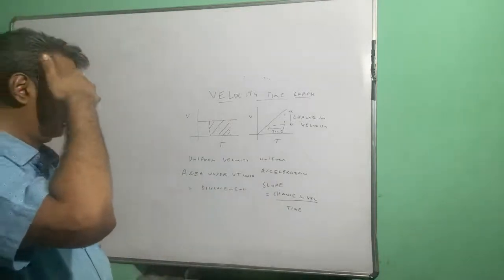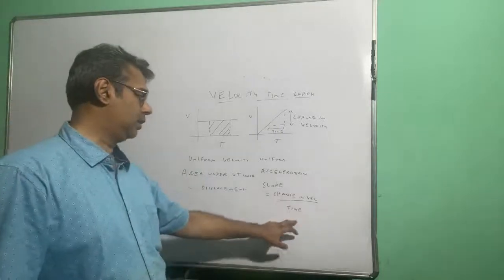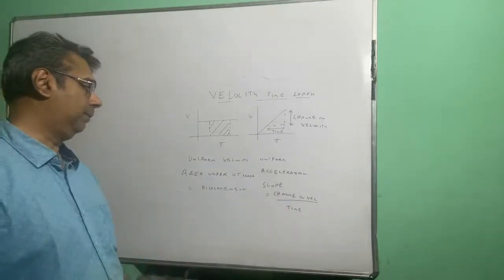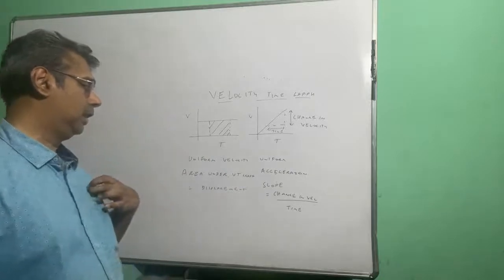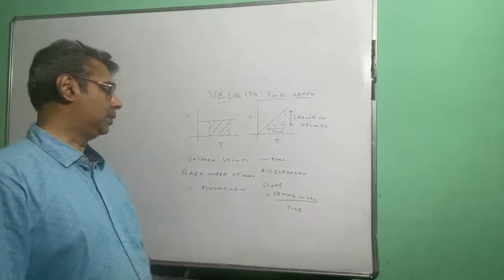So I repeat again, change in velocity divided by time is called the slope of the graph, and that is called uniform acceleration.